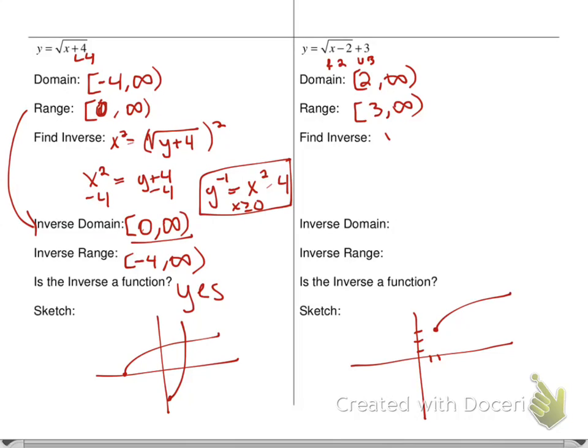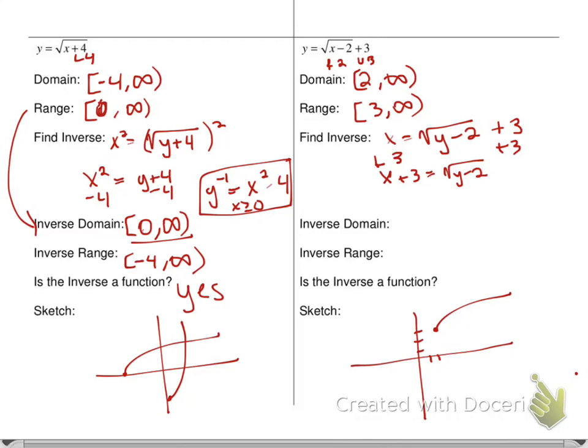So, to find the inverse, switch x and y. Solve for y. So add 3, x plus 3 equals the square root of y minus 2.